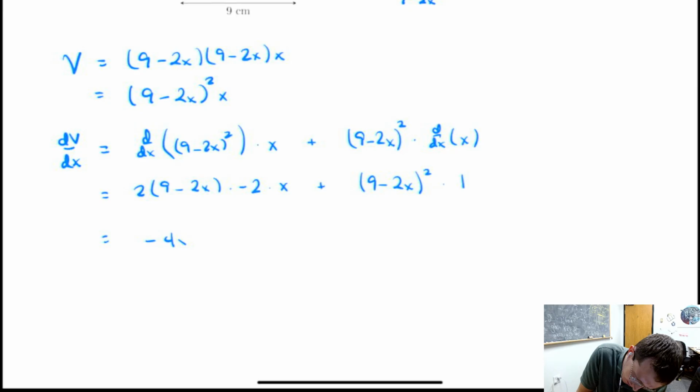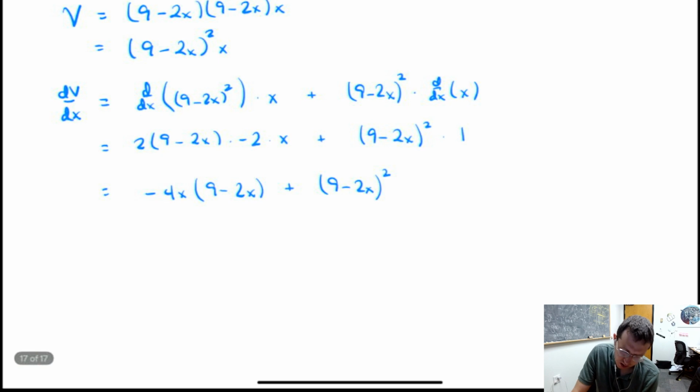So I get minus 4x times minus 2x, 9 minus 2x, plus 9 minus 2x squared. And both of these terms have a 9 minus 2x.